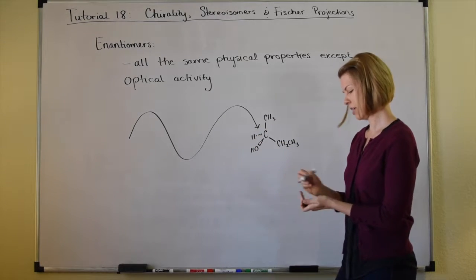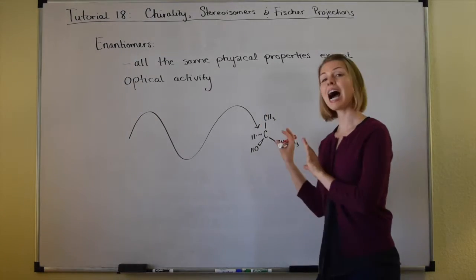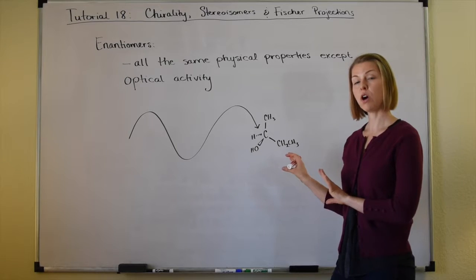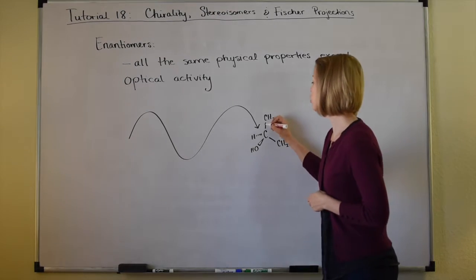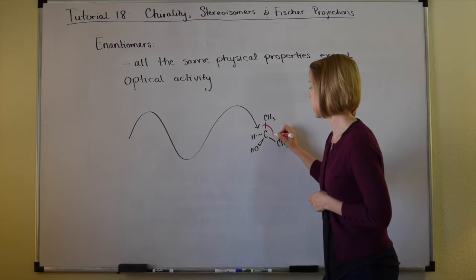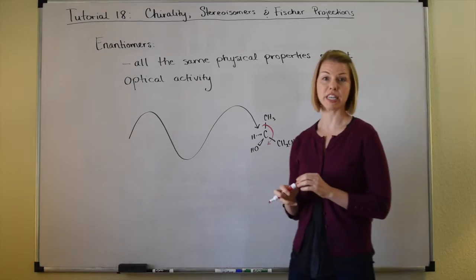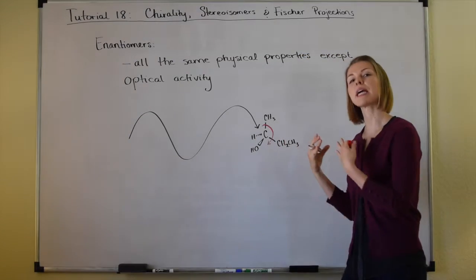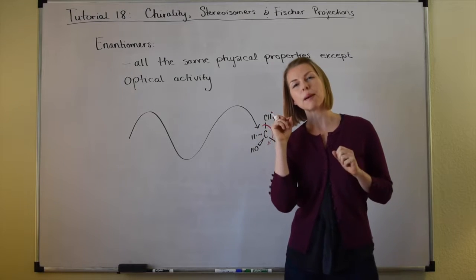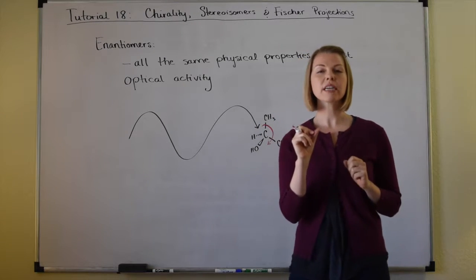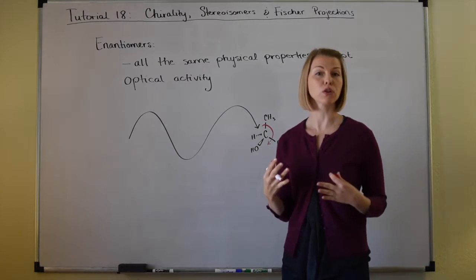All right. So again, we said that a chiral compound will interact with light, causing it to rotate. I'm going to indicate that with this little red curved arrow here. So the light coming out on the other side will have rotated, and we can measure the degree of that rotation with a device called a polarimeter.